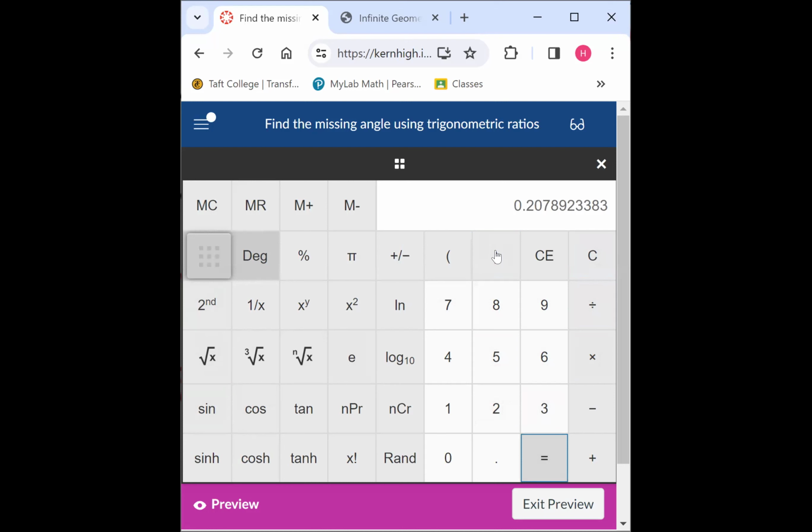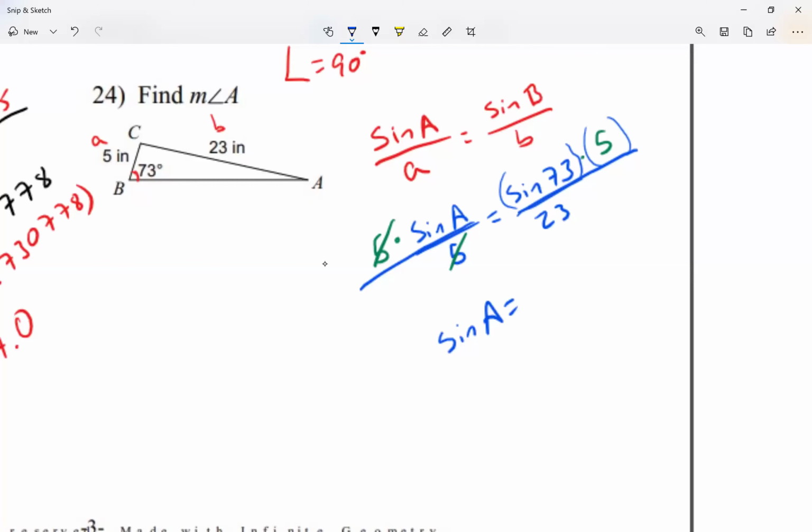So sine of A is 0.2892 and some more. Okay. So I'm just going to round this. Let's just call this 0.207892. I know my answer. Eventually I have to go to the nearest tenth.